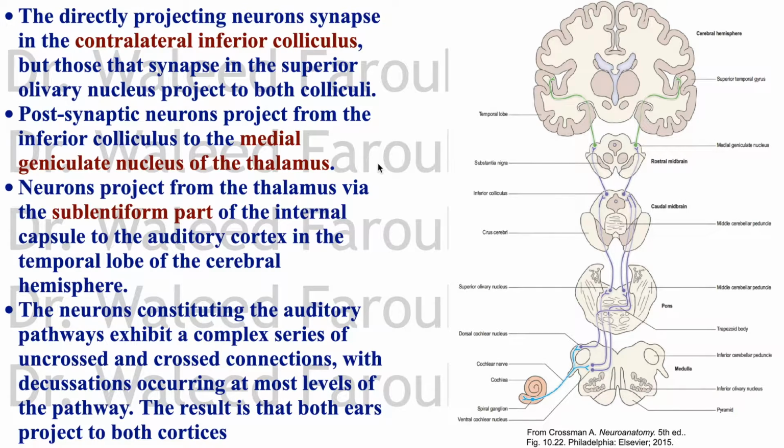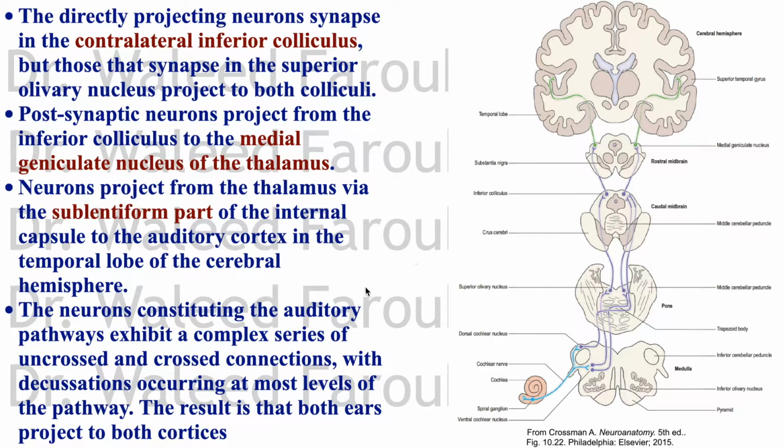Remember that the lateral geniculate nucleus was in the visual pathway, while the medial geniculate nucleus is in the auditory pathway. And neurons project from the thalamus via the sublenticular part of the internal capsule.